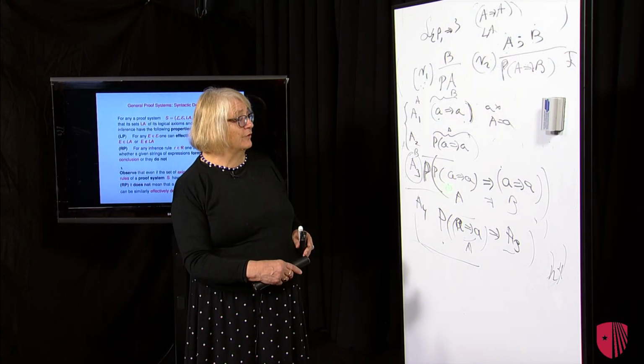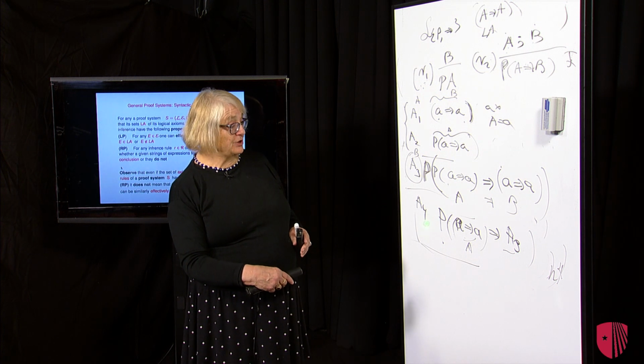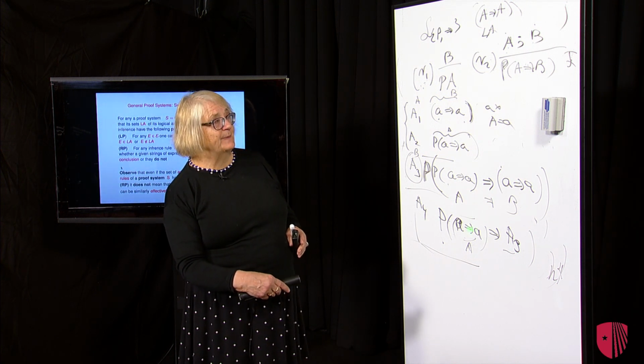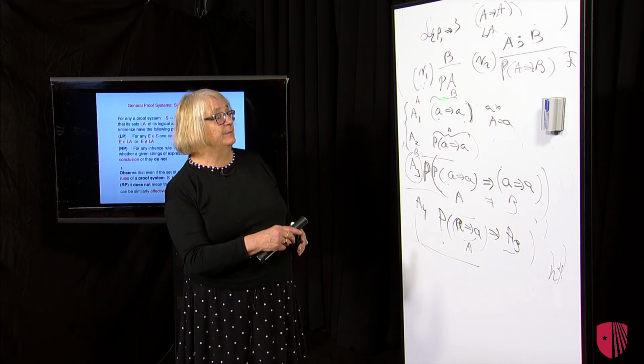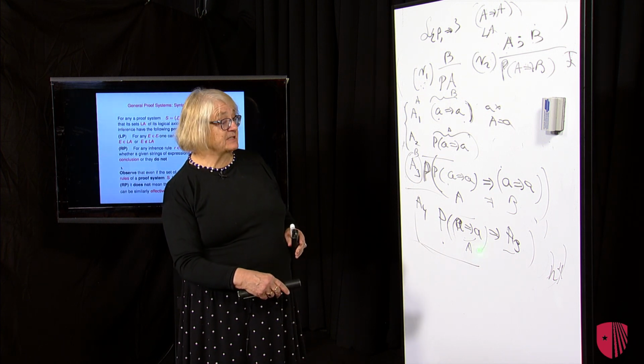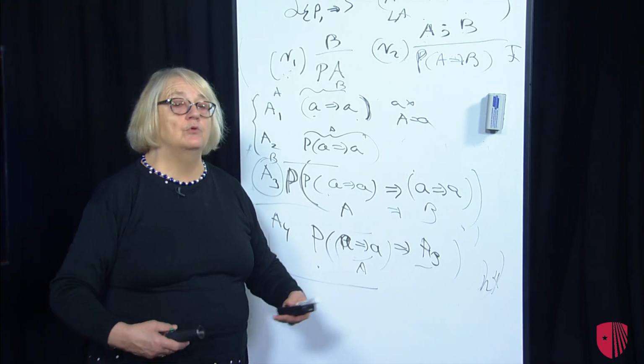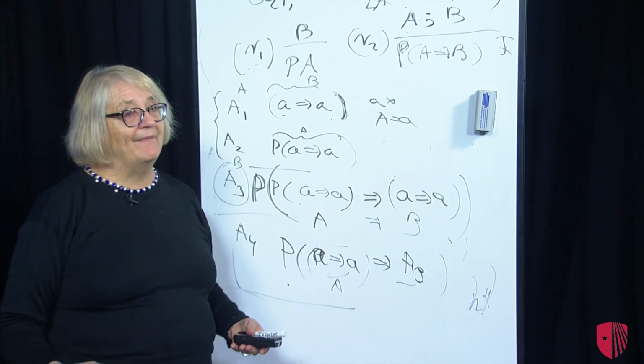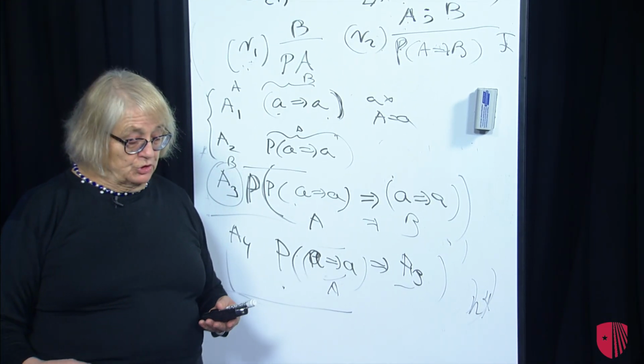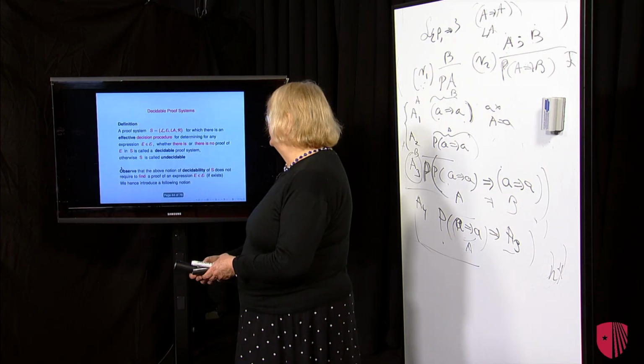If I give you, for example, such a long expression in a given proof system, I can ask, can you find the proof? Can you find it automatically? How do you find the proof? So that is another notion of decidability.